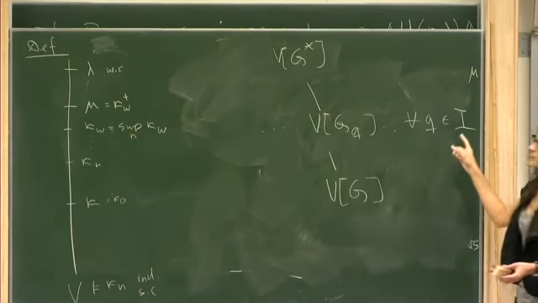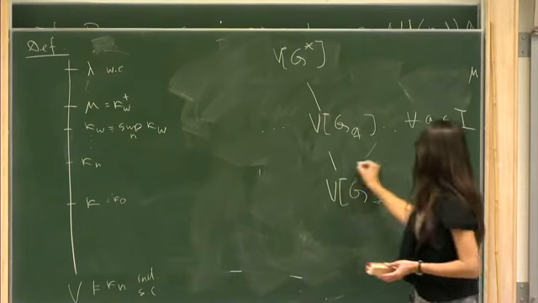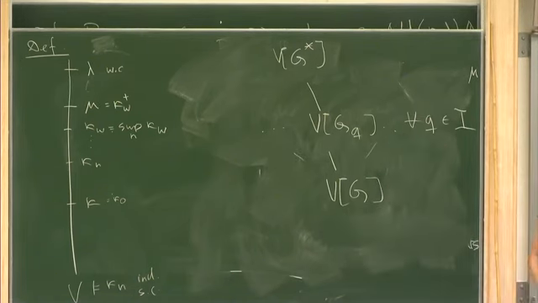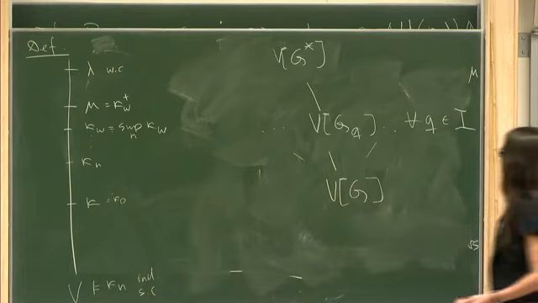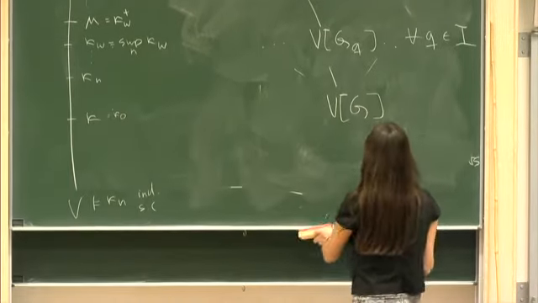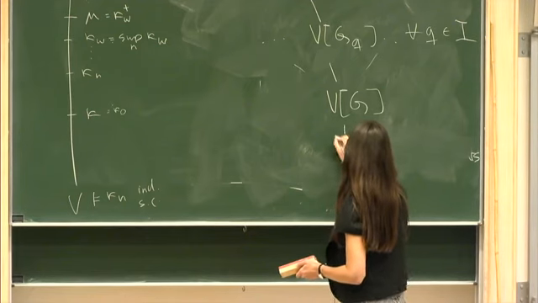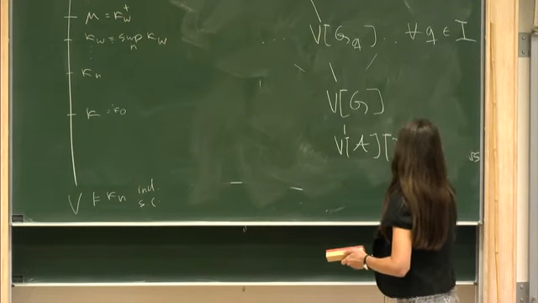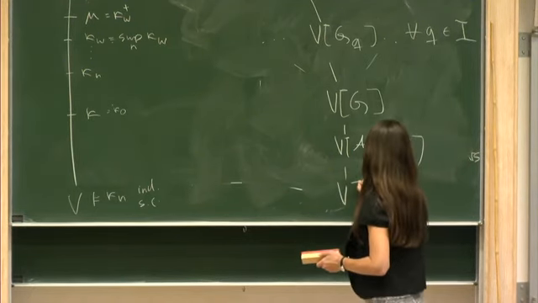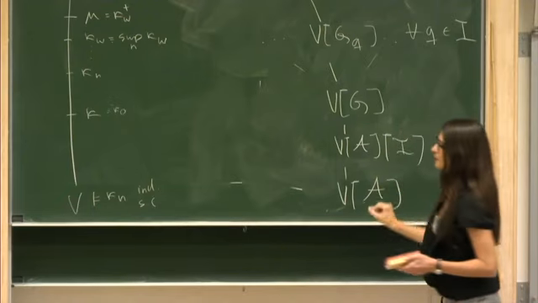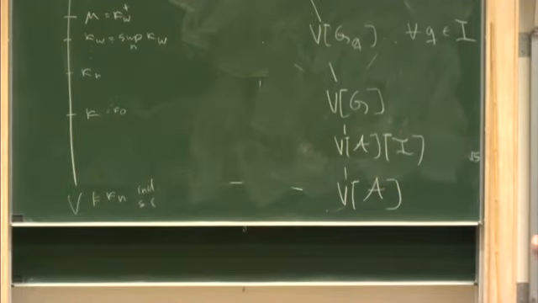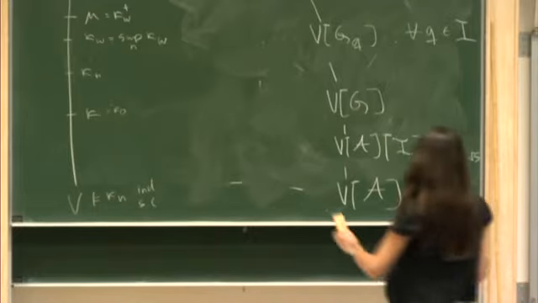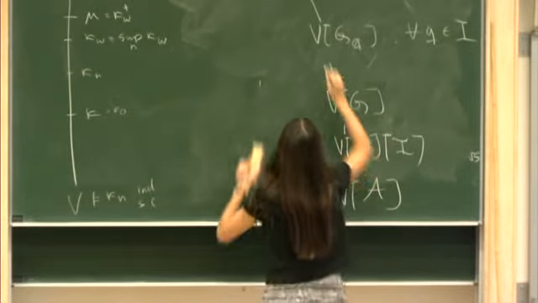Because those Qs were taken from I, each of these models projects to VG. And VG projects to VA followed by I, which projects to V script A, where script A is generic for add. Okay. And this quotient is the nice one.